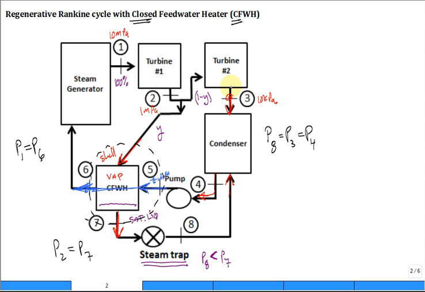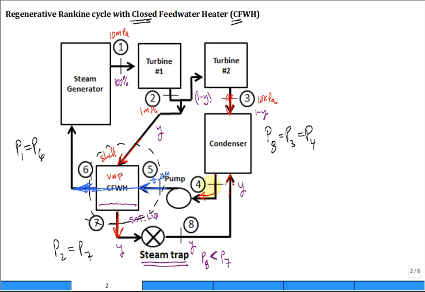And what comes out of the second turbine? 1 minus Y. Okay. What comes out at 7, out the bottom on the shell side of that closed feed water heater? Y. What goes through the steam trap and goes out the other side of the steam trap? Y. So what's coming in is Y from the bottom. What's coming in from the top is 1 minus Y.